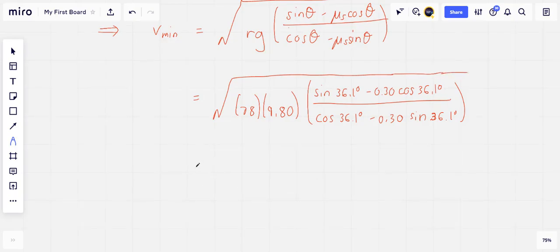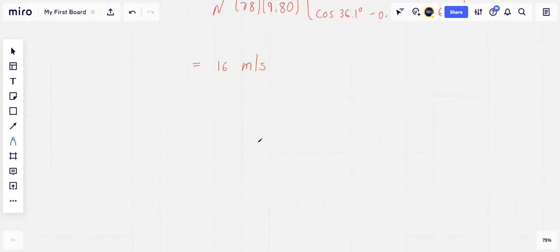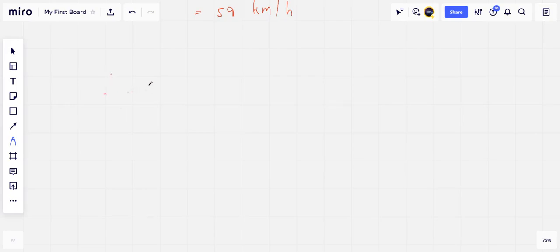And so calculating, we get the minimum speed to be approximately 16 meters per second, which is 59 kilometers an hour.